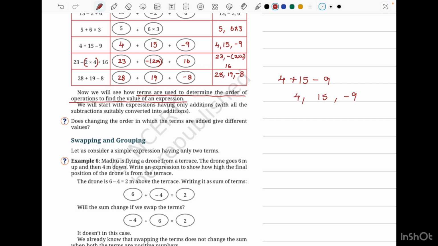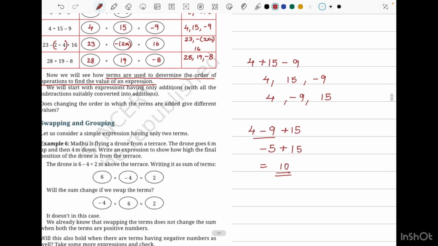If we change the order to 4, minus 9 and 15, we can calculate the value of the two expressions. The first one is 4 minus 9 plus 15, that is equal to 4 minus 9, that is minus 5, plus 15, which is equal to 10.